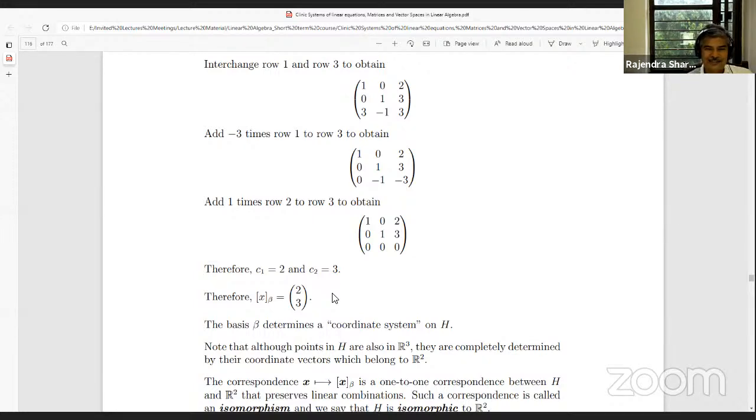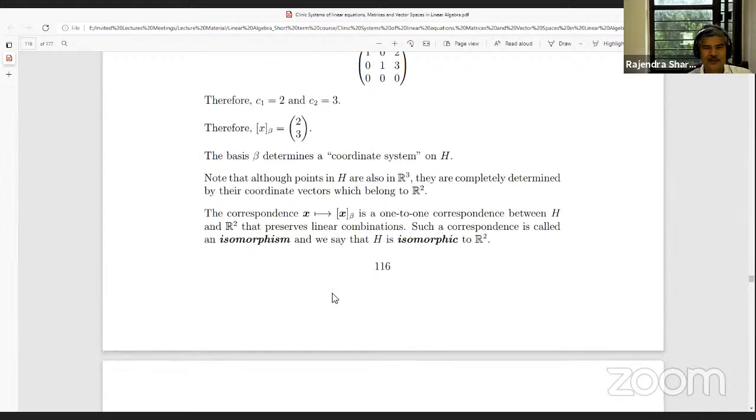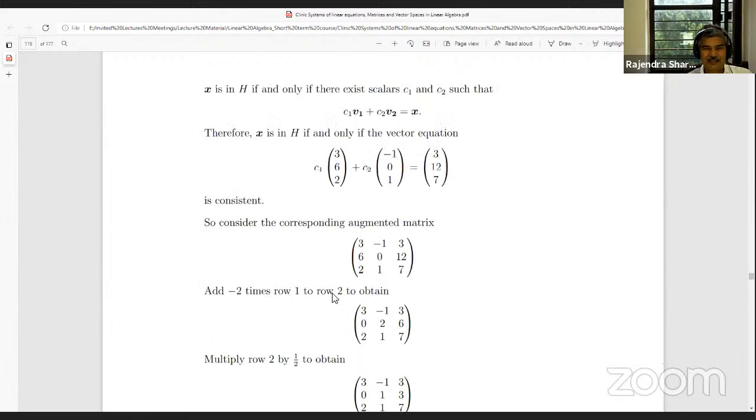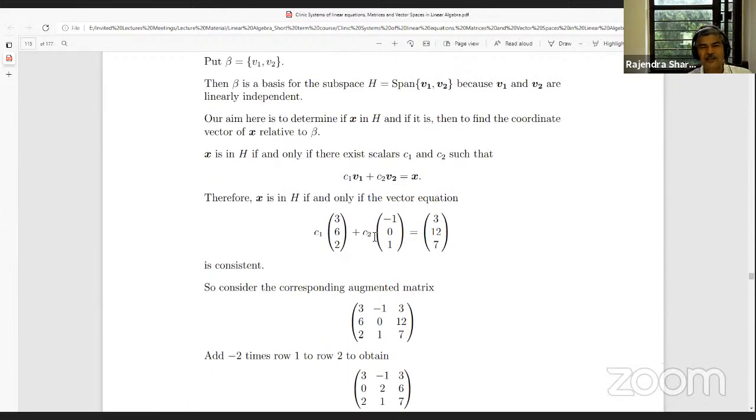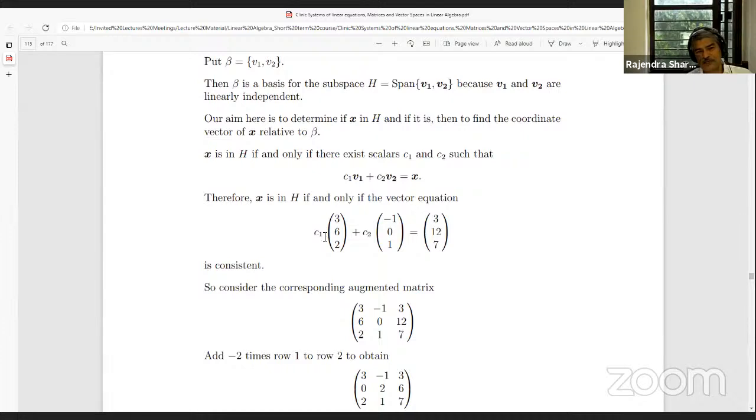That is, X can be written as 2 C1 plus 3 C2, where C1 is 3 6 2 and C2 is minus 0 1, and if you put C1 as 2 and C2 as 3, you will get X. So X is spanned by these two, or X belongs to the linear span of V1 and V2.